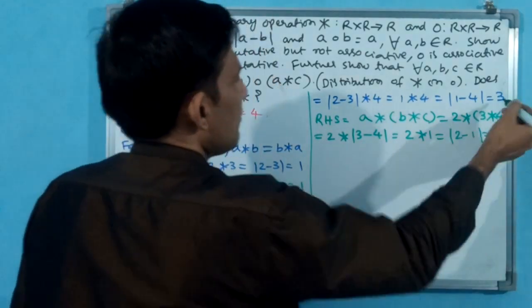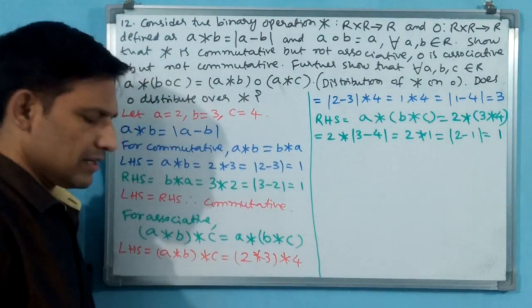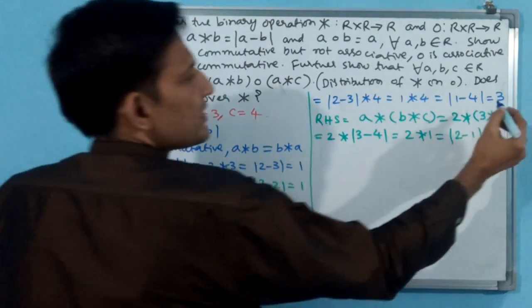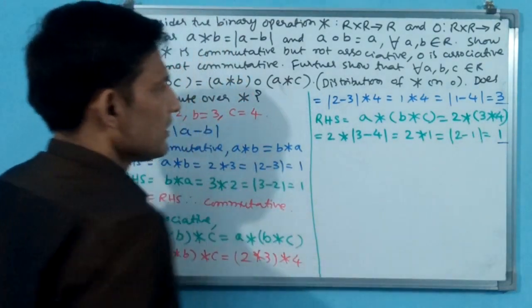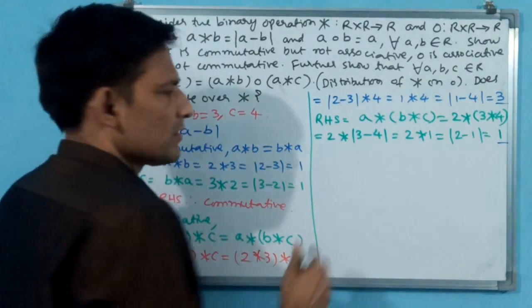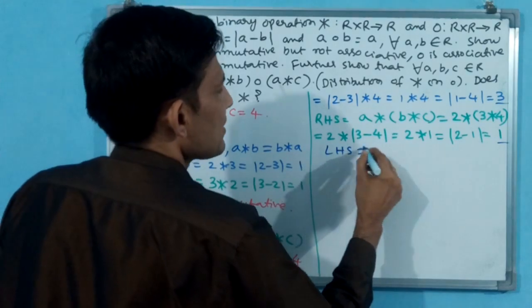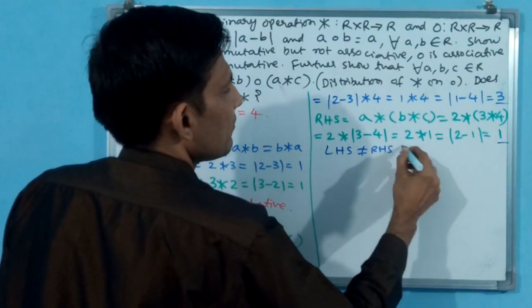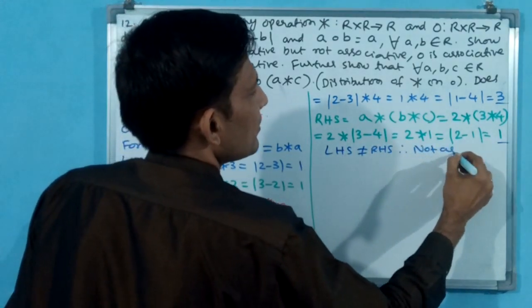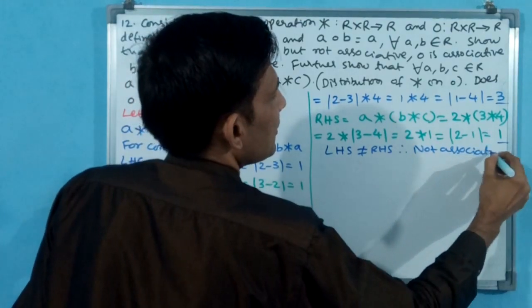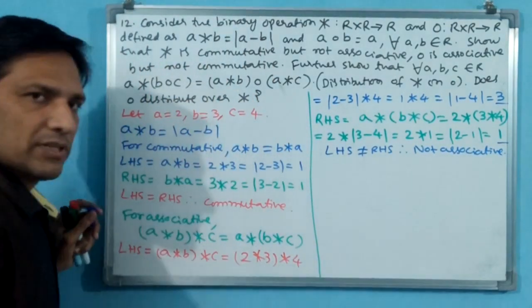But are 3 and 1 equal? Not equal. See, here 3 is there, here 1 is there. LHS is 3, RHS is 1. LHS is not equal to RHS, therefore not associative. Not associative.